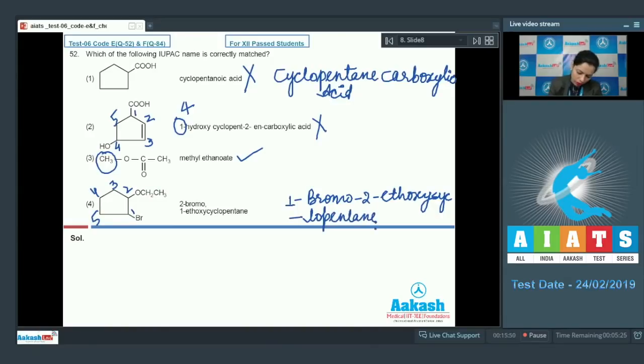This should be the name. Means this is also incorrectly given. Which name is correct? The correct name is given here in option 3. So just choose this as the correct option for your question.